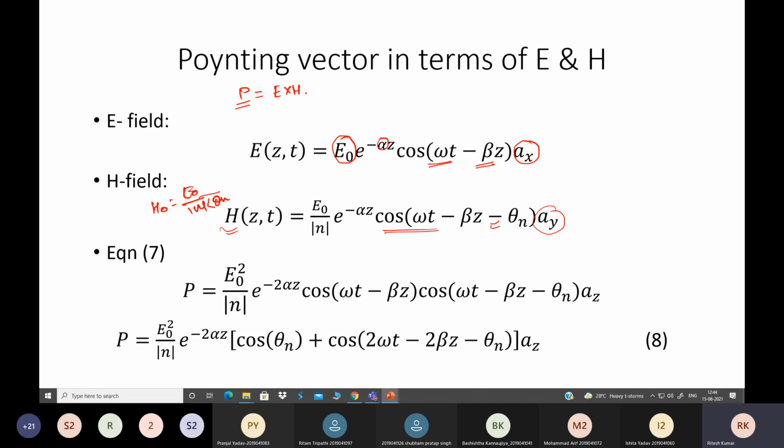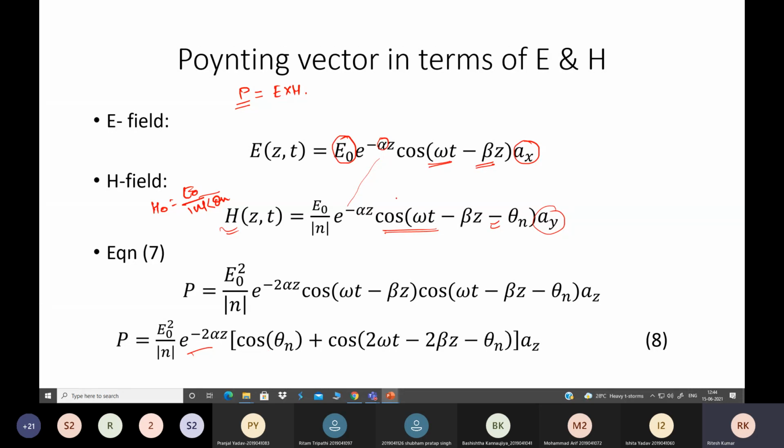Now how can we get P? E cross H. So take the cross product of these two. After taking the cross product, this magnitude into this magnitude will be multiplied. So E naught squared divided by magnitude of n. These two will also multiply, so we get e to the power minus 2 alpha z.